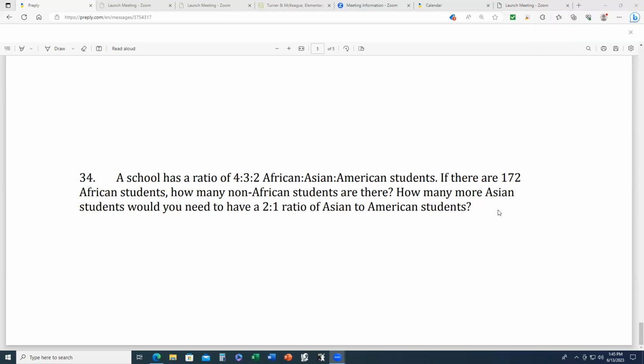Yes, 3 to 2. Now we don't know how many Asian students we have, and we don't know how many American students we have, correct?